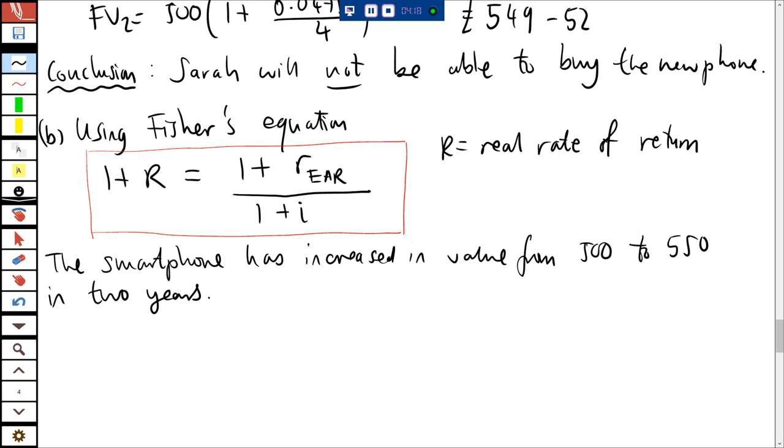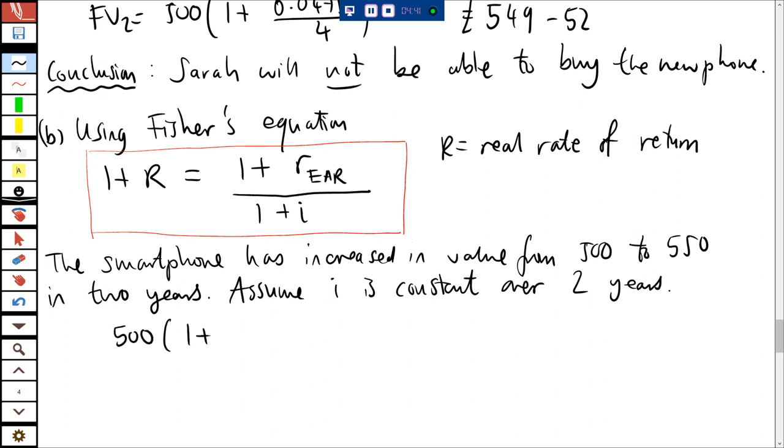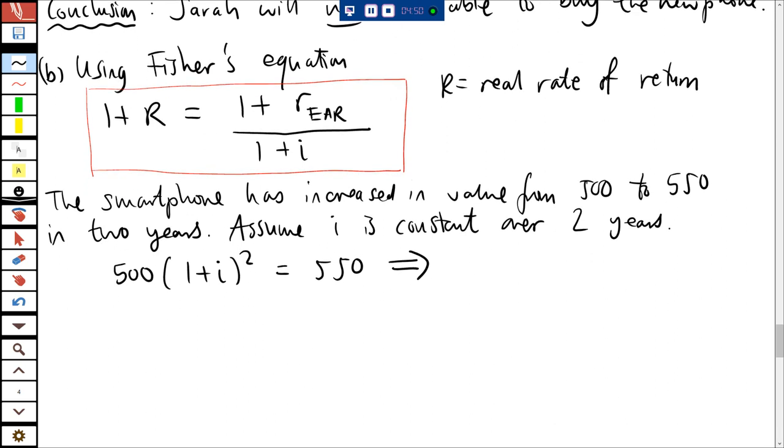Okay, so using this product as a way of calculating inflation, we're going to assume the inflation is constant over the 2 years. What we find is the 500 quid inflated over 2 years gives £550. And from this, we can estimate inflation.